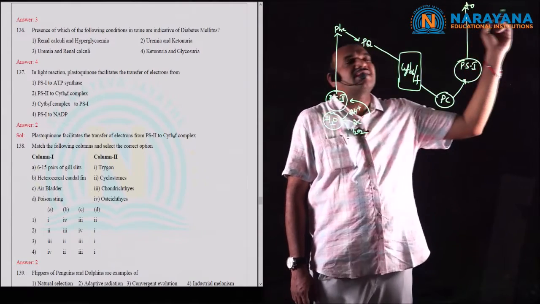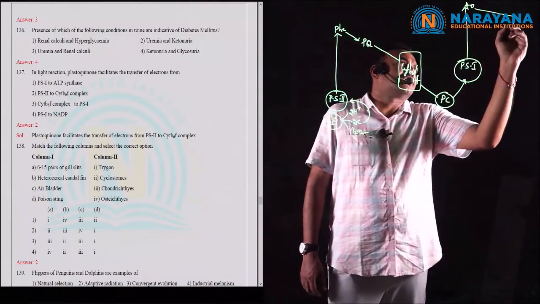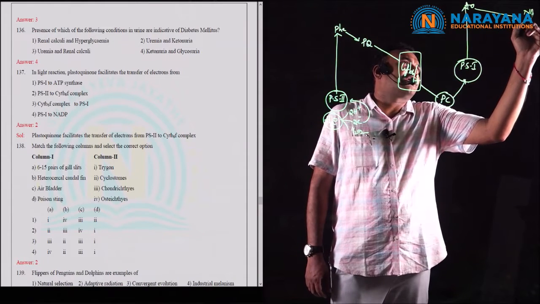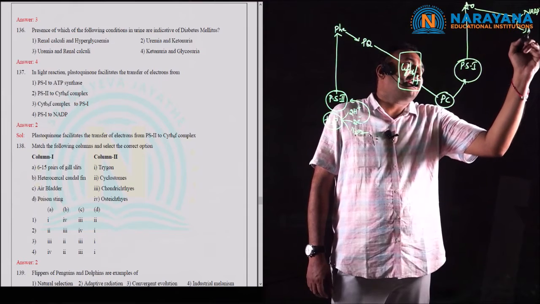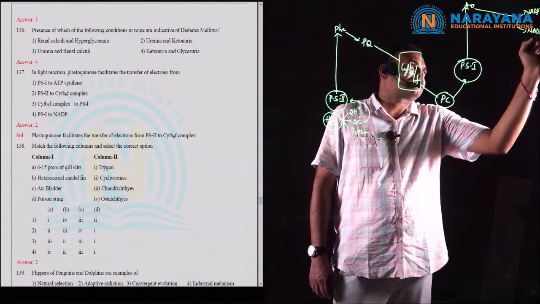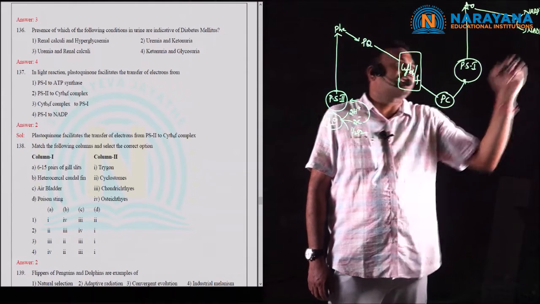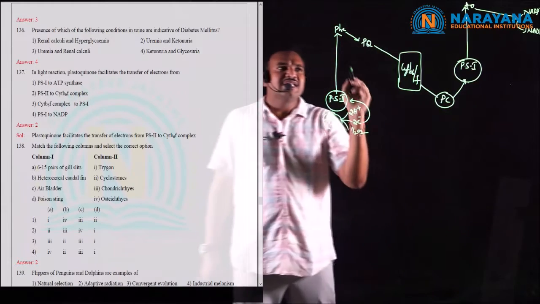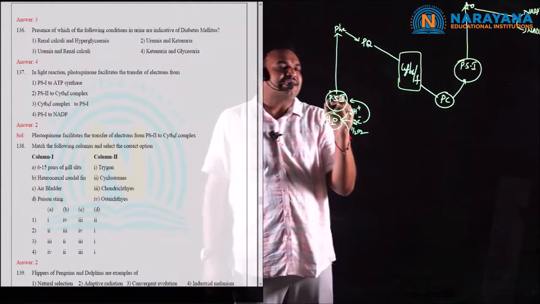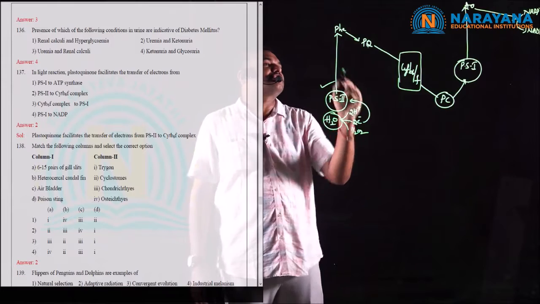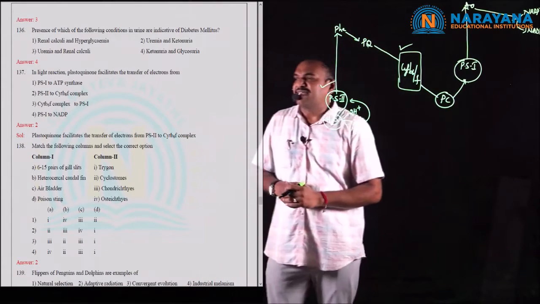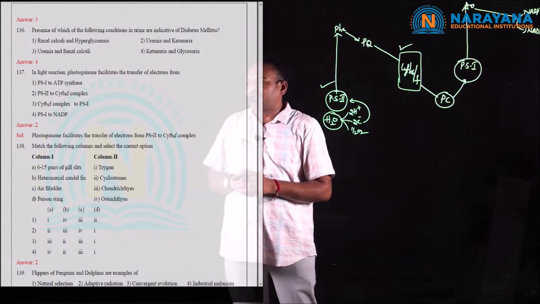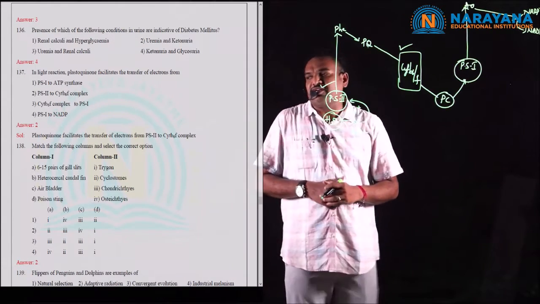From that, finally, the electrons are transferred to the terminal electron acceptor NADP plus, that is reduced into NADPH plus H plus. This is non-cyclic electron transport. Here, PQ is involved in the transport of electrons from photosystem 2 to cytochrome b6f. That means the right option for question number 137 is the second option.